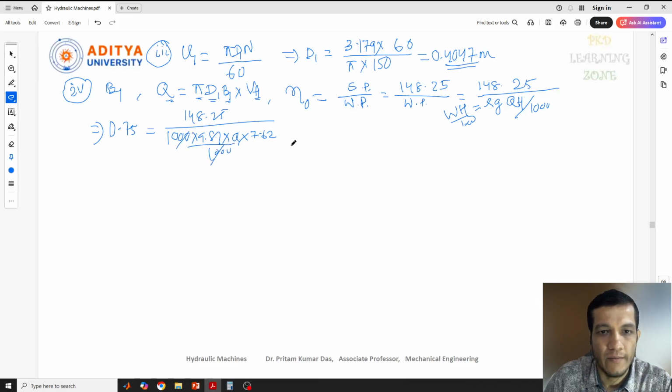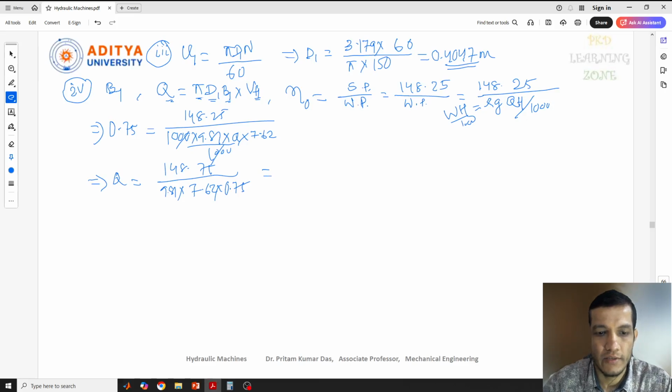1000 will be cancelled. So here the Q value, I'll take it to this side. Q equal to 148.75 divided by 9.81 into 7.62 into 0.75.